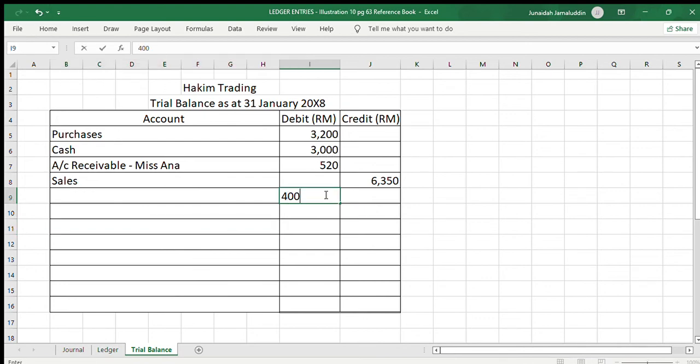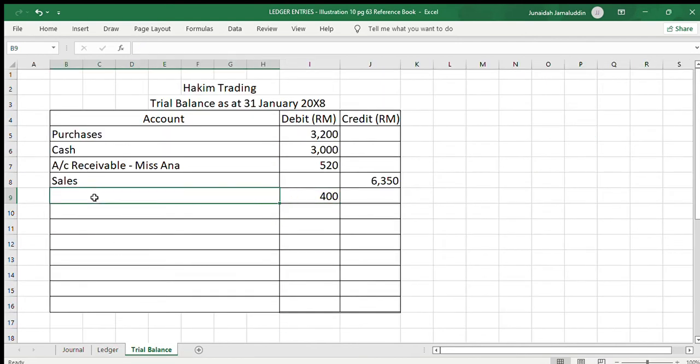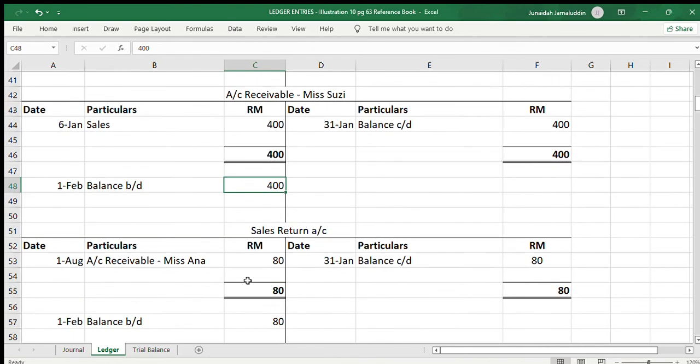So, tak apa. 400. Sini, nama account tu, account receivable Miss Suzy. Okay, madam copy paste dia yang ni sebab nama lebih kurang. Copy, paste. Just tukar nama kat sini. Miss Suzy. Right? Miss Suzy. Okay, account receivable Miss Suzy, 400. Yeah. Okay, we are done already.